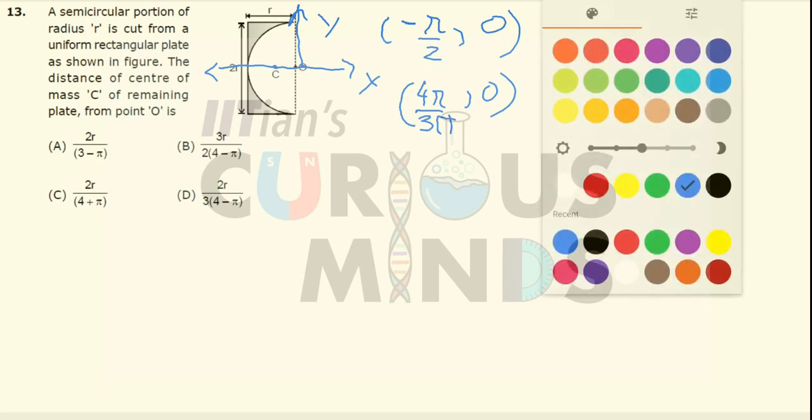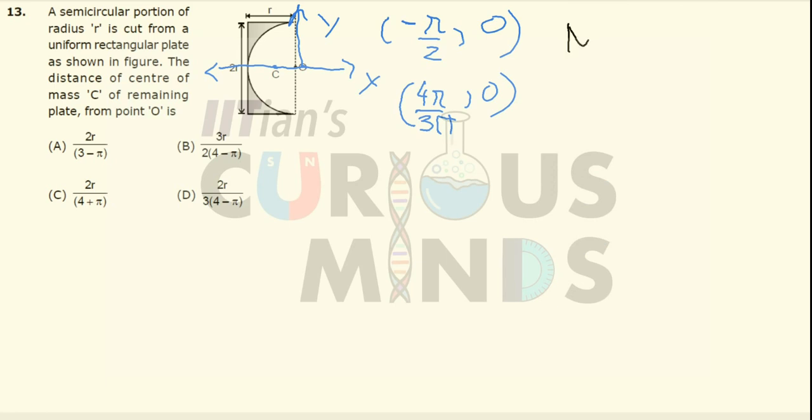Let us find the mass. Let the mass of the rectangular plate be m. Since it is a laminar body, the mass is directly proportional to the area. The area of the rectangle is length into breadth, r into 2r, which is 2r square, and the area of the semicircular body is half into pi into r square.